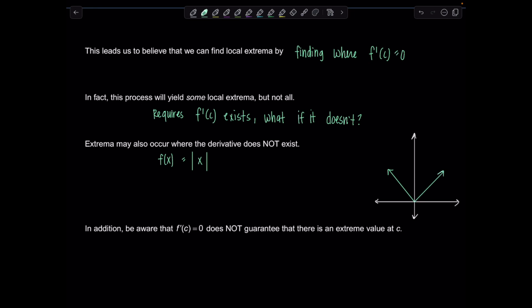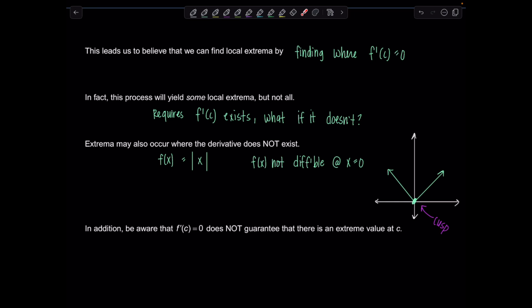So absolute value of x is not differentiable at x equals 0, right? f of x is not, this is a nice abbreviation for differentiable at x equals 0. Remember, any sharp points on your graph, cusps, are where your function's not differentiable. Because if you look at the slope of the tangent line from the left, it's not equal to the slope of the tangent line from the right.